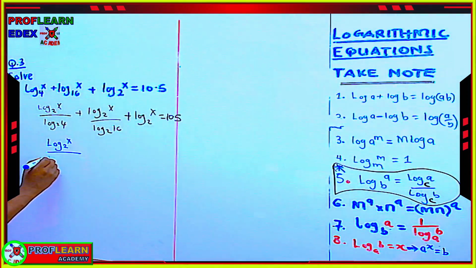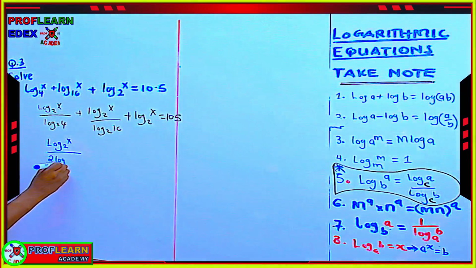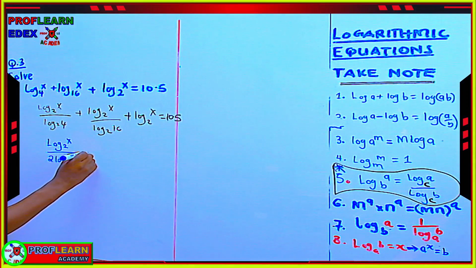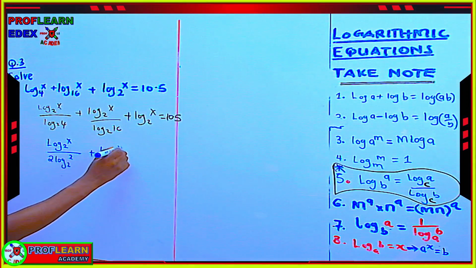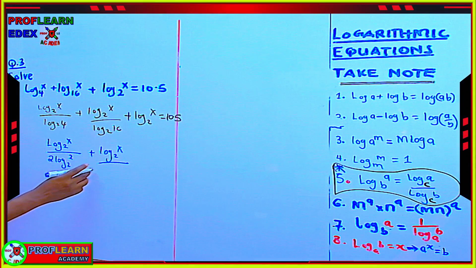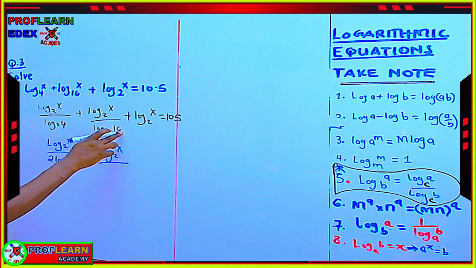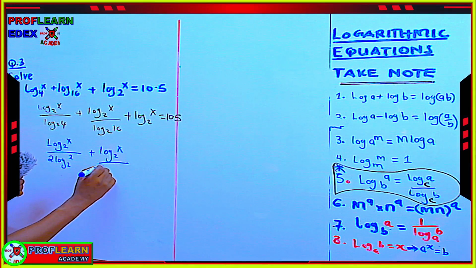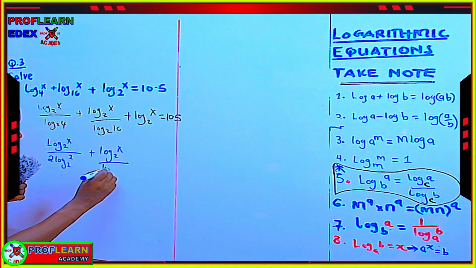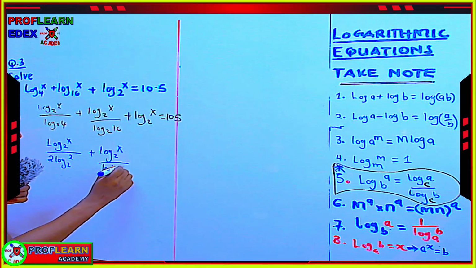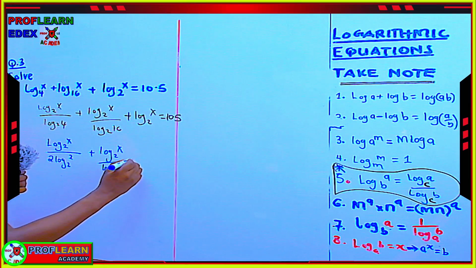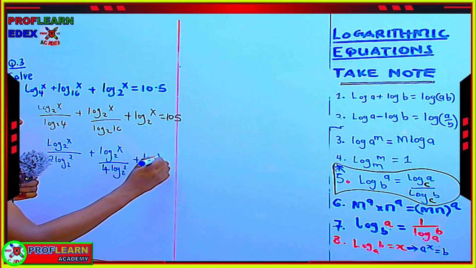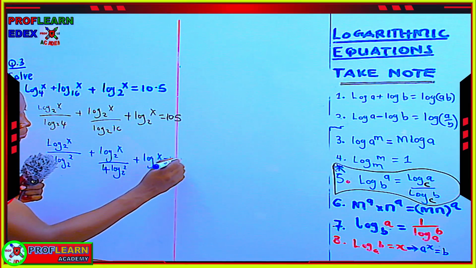So this can be expressed as 2 log 2 base 2, plus log x base 2 over, this 16 can be written as 2 to the power 4, and the power can be taken behind the log. So that is 4 log 2 base 2, plus log x base 2, is equal to 10.5.